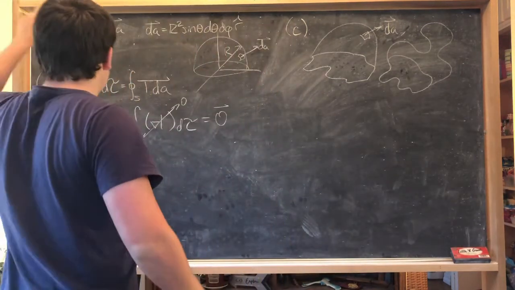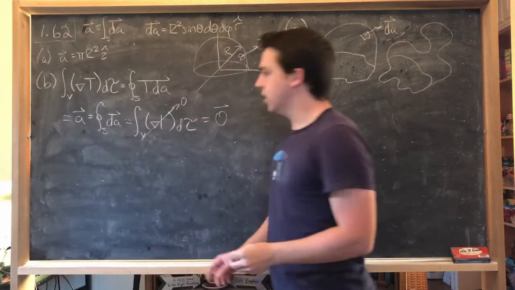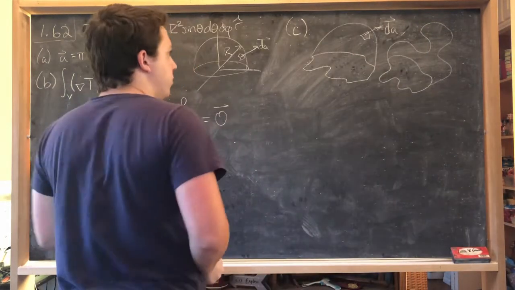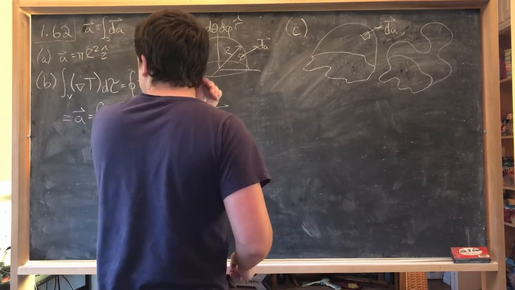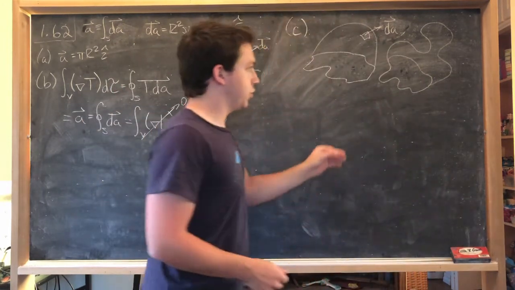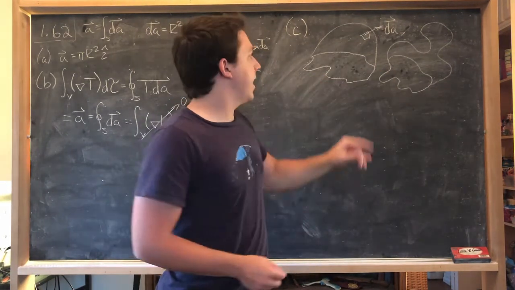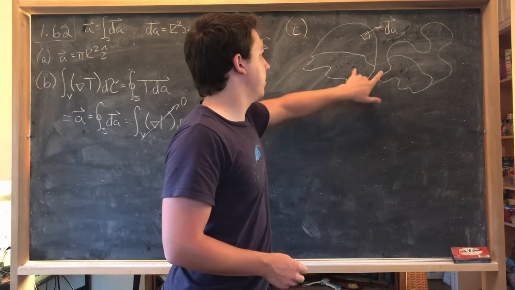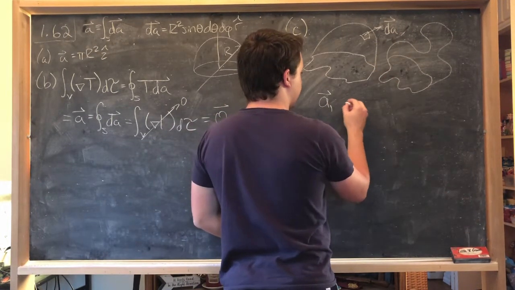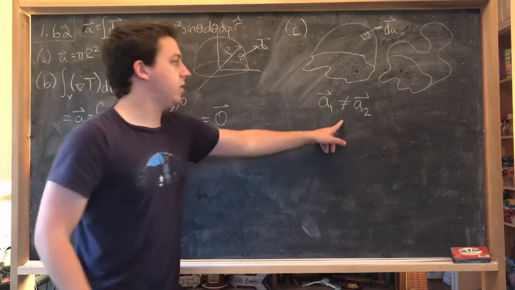But if we have a closed surface, we've already established that the vector area of a closed surface is 0. And so if the vector area of a closed surface is 0, then that should indicate that these must be equal. Because let's say that we have two structures who have a vector area that aren't equal. So say this is A1 and this is A2, and they're not equal.